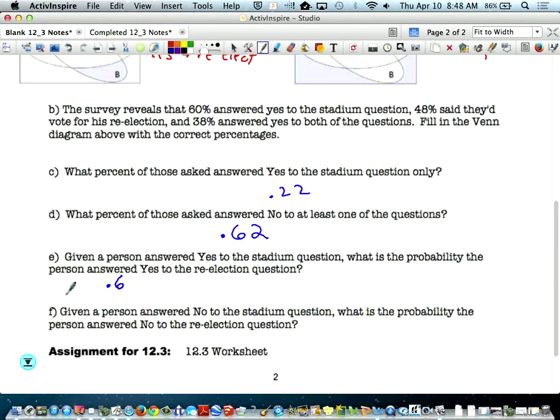Of that 0.6, how many answered yes to the re-elect question? 0.38, the overlapped area, right? So you want to take 0.38 divided by 0.6.